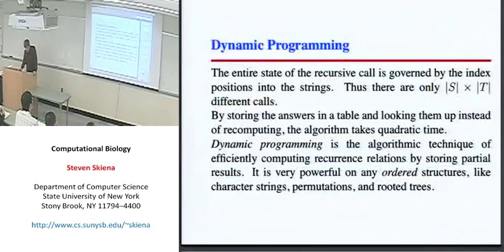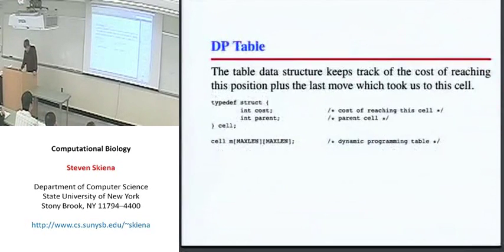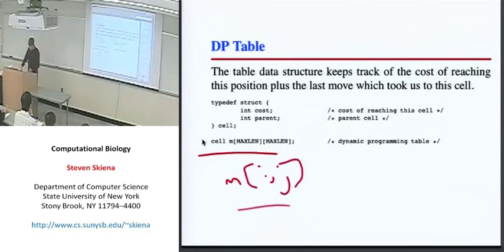Let's look at the dynamic programming example. To implement our edit distance program with dynamic programming, we said we were going to use a table to store the results. Our table is going to be a matrix where m sub ij is going to tell us about the cost of editing a string.